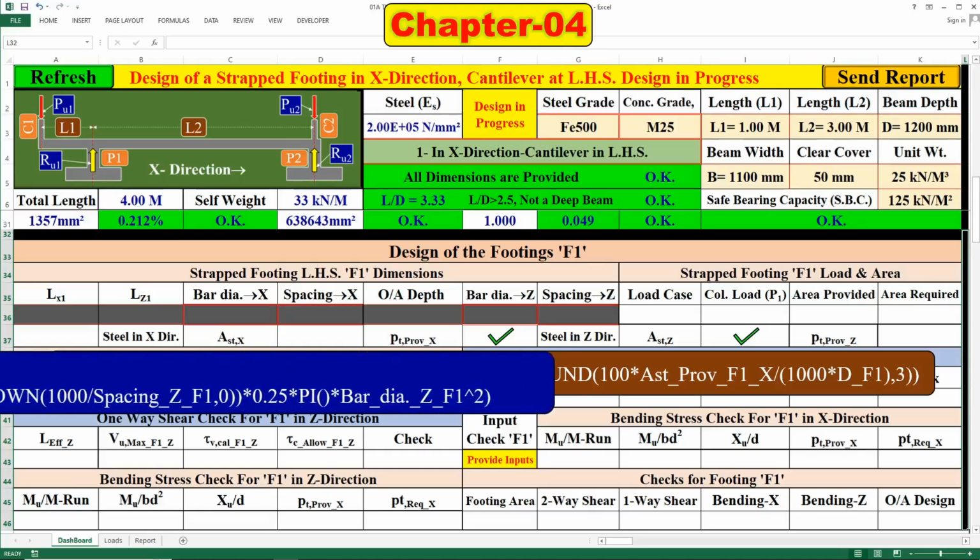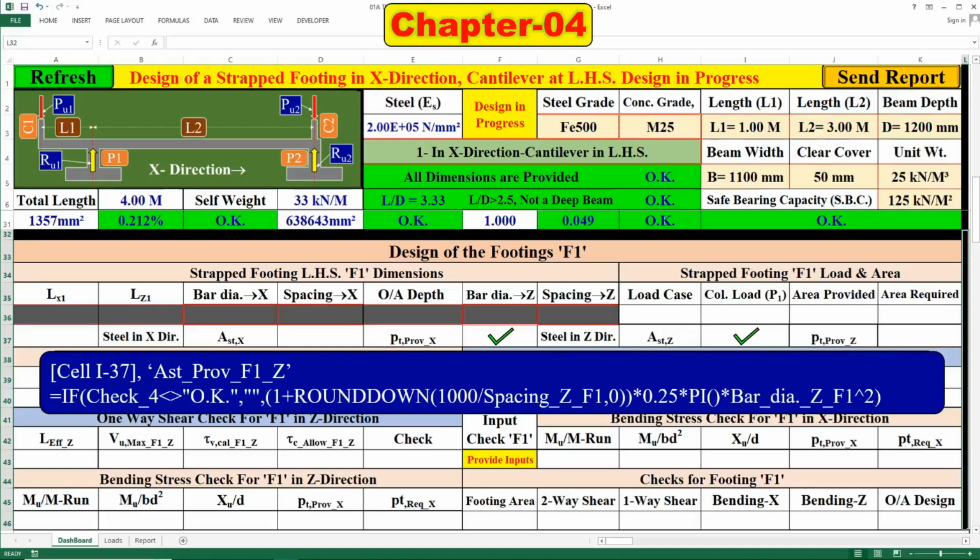Now, we have to calculate the area of steel provided in Z direction for footing F1 in cell I37. Defined name of the cell is AST_PROV_F1_Z. This formula is more or less same as the calculation of AST_PROV_F1_X.